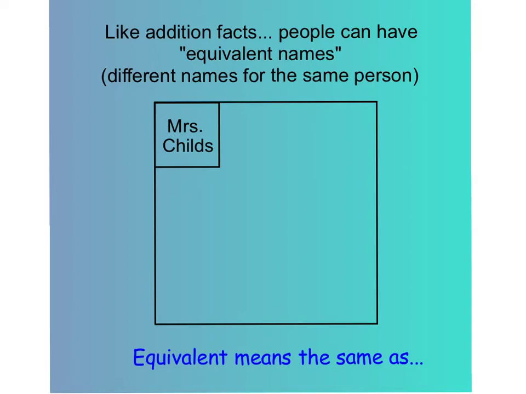Well, EJ right now calls me, okay, this is really funny, he calls me Dada. That's because all he can say is Dada. He calls his dad Dada, and he calls his mom Dada too. So sometimes I'm not Mrs. Childs, I'm Dada when EJ calls me. And Mr. Childs usually calls me Carla.